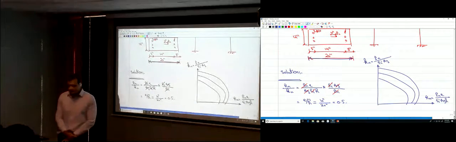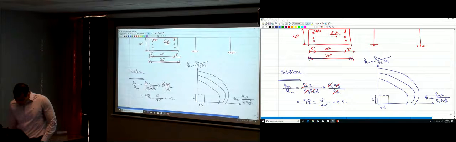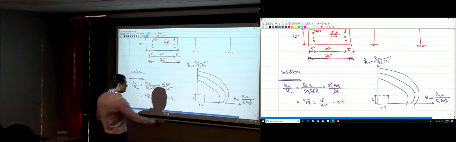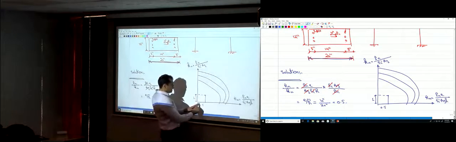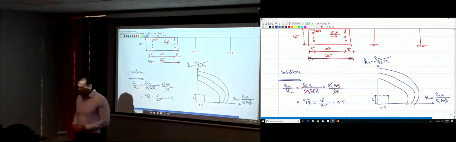How to do this? Just come here, okay? Draw a point here. This is 0.5. This is 1. For this point, Rn divided by Kn is 0.5, right?